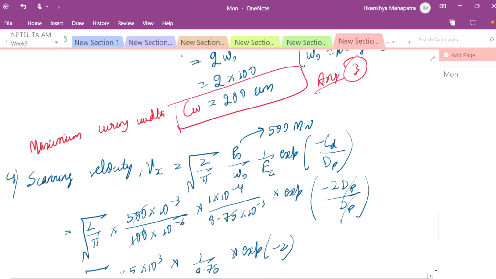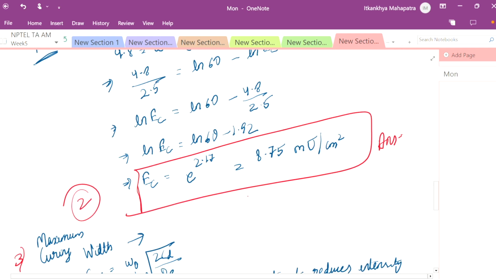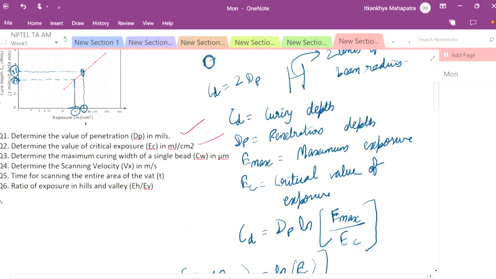Okay, so next again we'll find out the time for scanning the entire area of the vat.